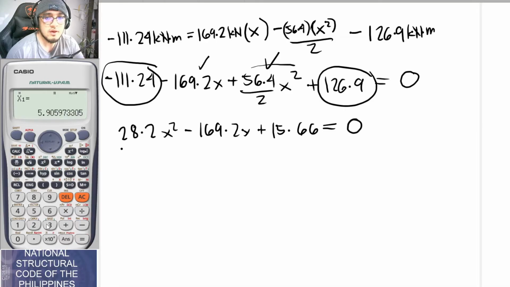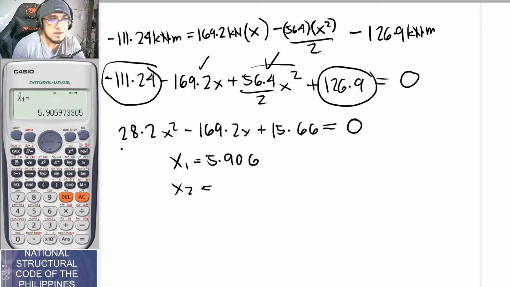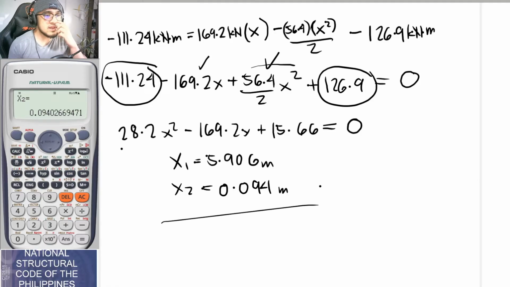We should have two answers here. The first answer is 5.906, and the second answer is 0.094 meters. So meters and meters. Since we have two answers, which one is the answer here?